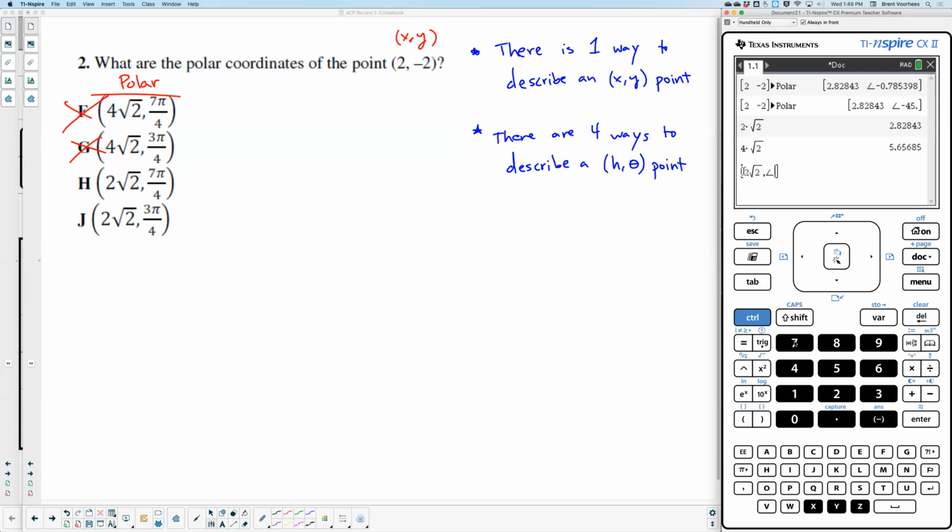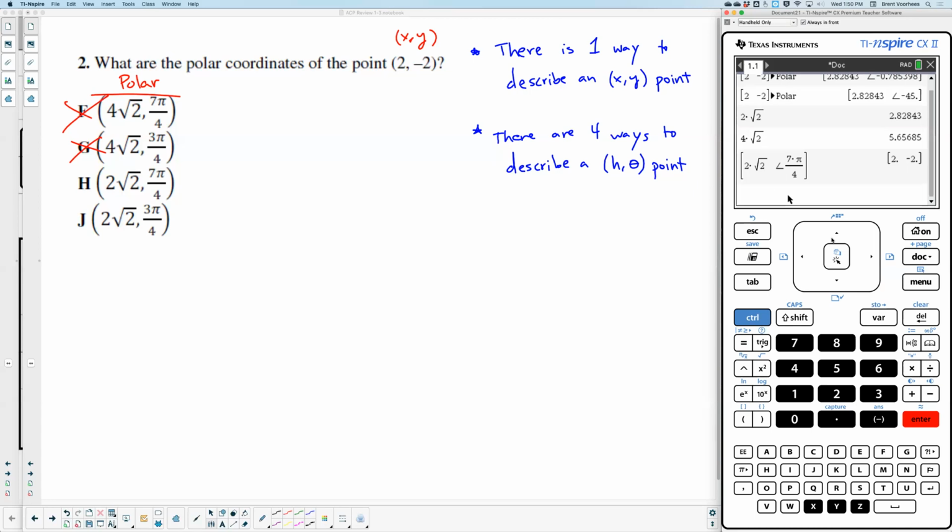Put in 7 pi, down the bottom left by the comma, 7 pi. I'm going to press Control Divide to get a fraction. 7 pi divided by 4. You do not have to do any special keys to convert it to x and y. The calculator will automatically convert it to x and y. When you just press enter, it'll convert. What does it say the x and y would be?